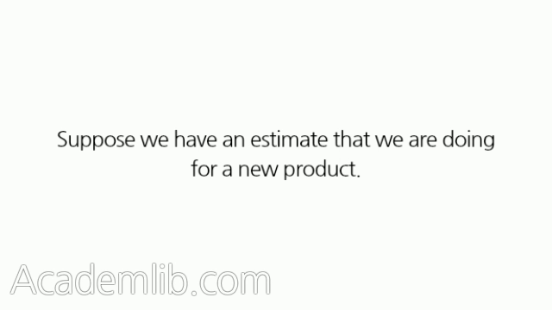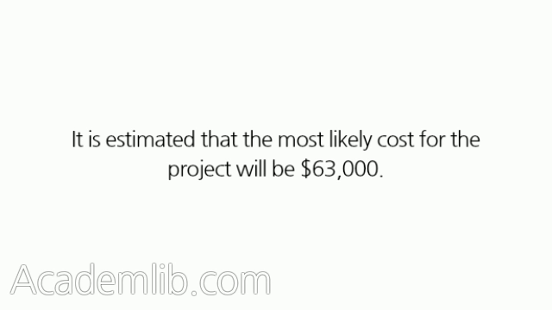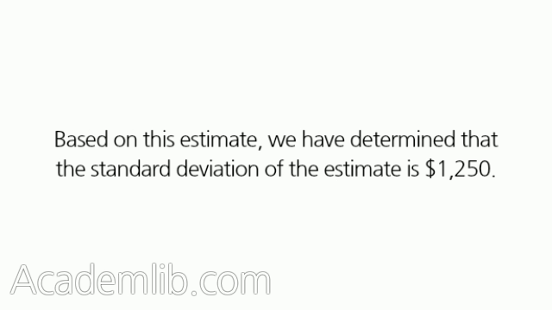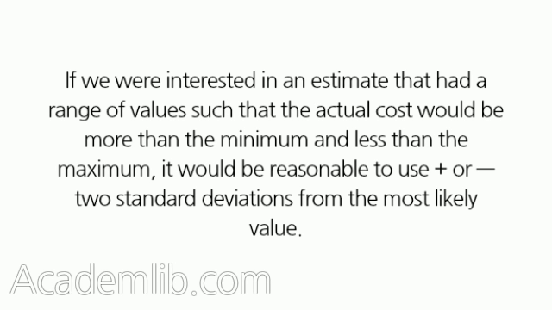Suppose we have an estimate that we are doing for a new product. It is estimated that the most likely cost for the project will be $63,000. Based on this estimate, we have determined that the standard deviation of the estimate is $1,250. If we were interested in an estimate that had a range of values such that the actual cost would be more than the minimum and less than the maximum, it would be reasonable to use plus or minus 2 standard deviations from the most likely value.